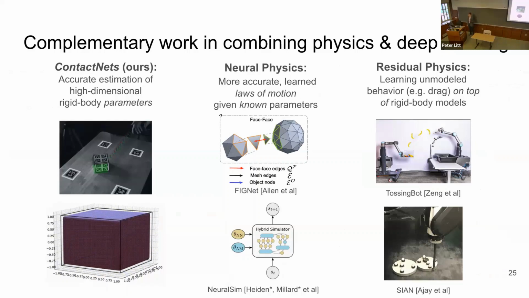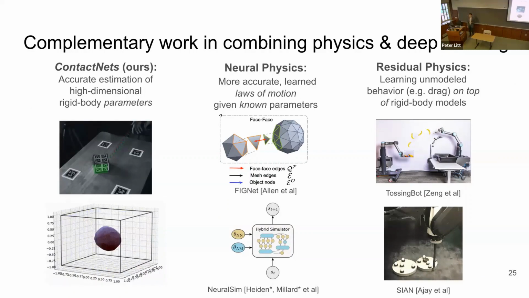Two of the most significant ones, I think, are what I would call neural physics. These are methods that learn new laws of motion that improve on our approximate physical laws, given known system parameters. And there are also residual physics methods that take a well-calibrated physical simulator and then augment them with additional neural networks to model and reduce the error between those simulators and reality.